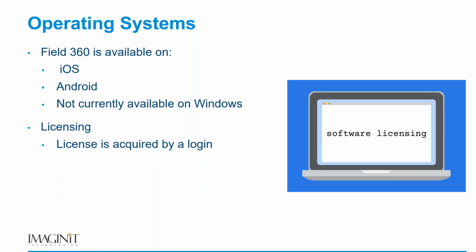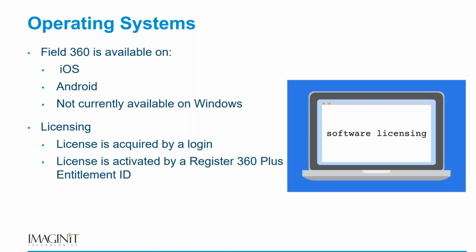That login is linked to your Register 360 Plus, or in some cases, the Register 360 Plus BLK Edition license. So long story short, what we do with our desktop software licensing is we take that license number and put it into a portal online. The iPad, or Android device, if you will, is capable of then going out, pulling that license from that portal, and we have a license.